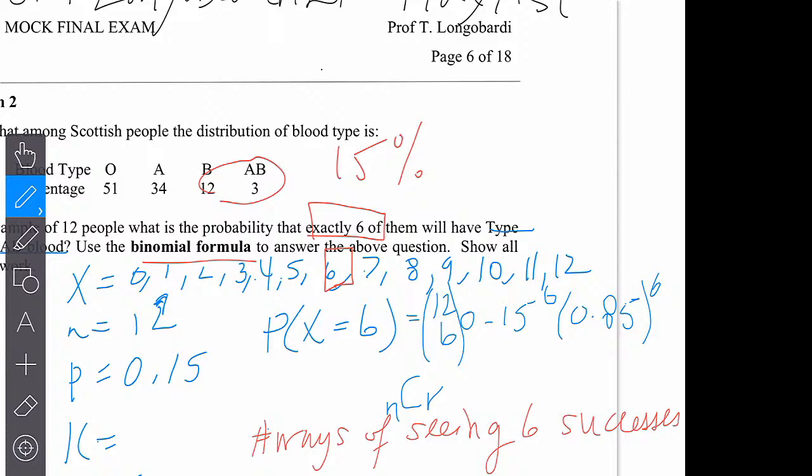it's the number of ways of seeing 6 successes out of 12 possible successes, or 12 trials.